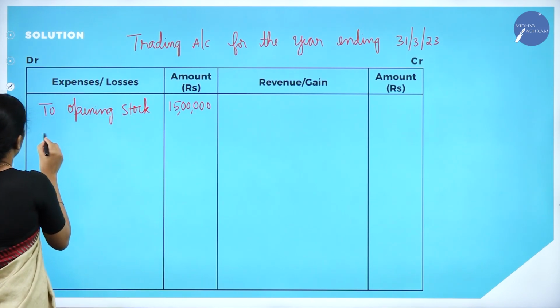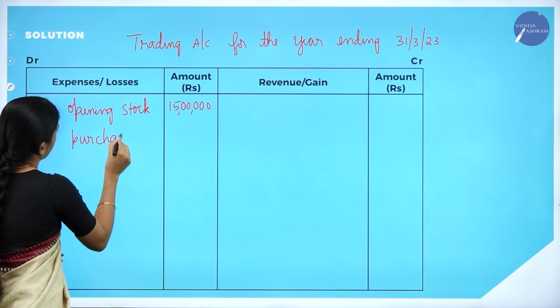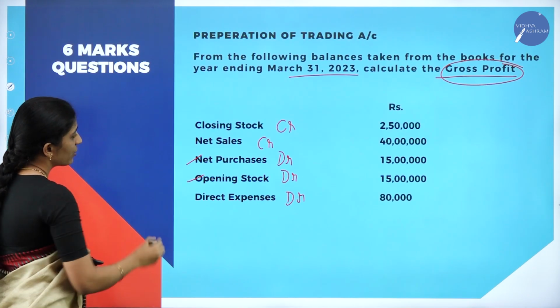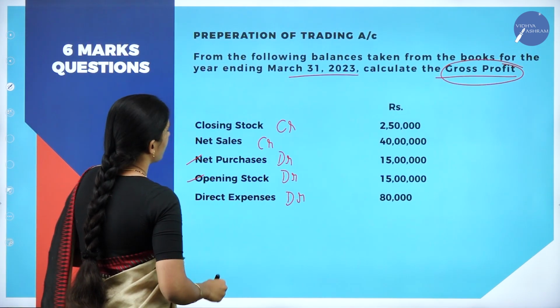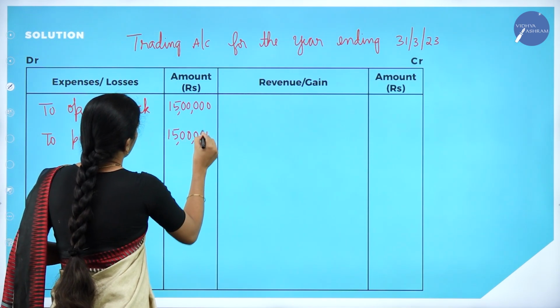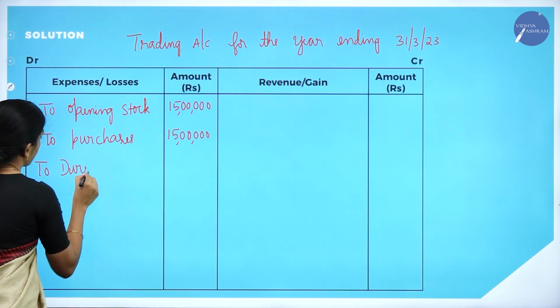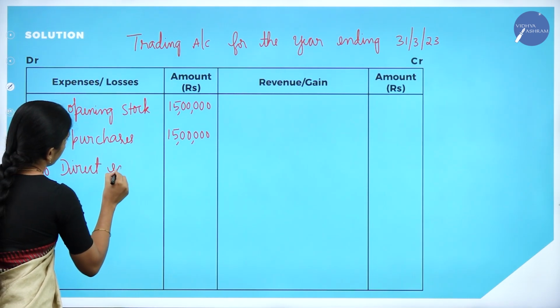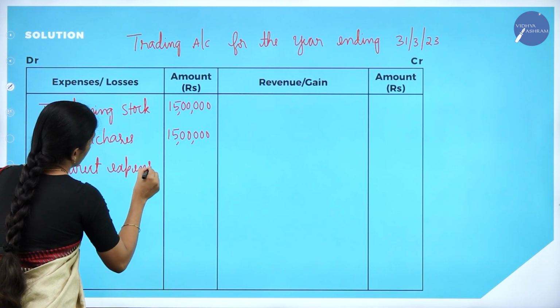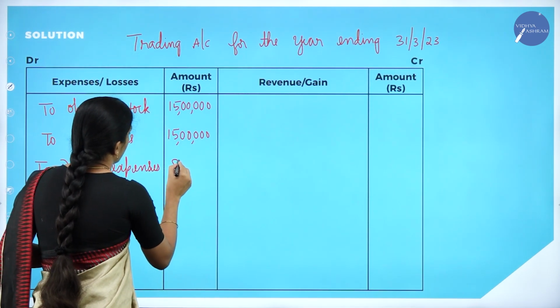Next we have to purchases, that is your net purchases, 15 lakh. Next they have given to direct expenses, 80,000.